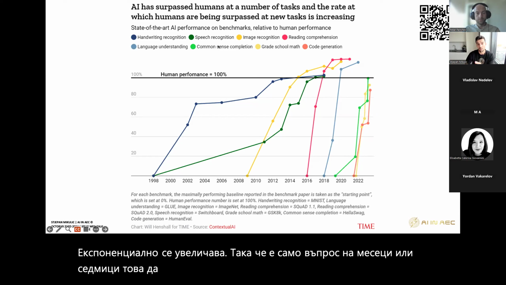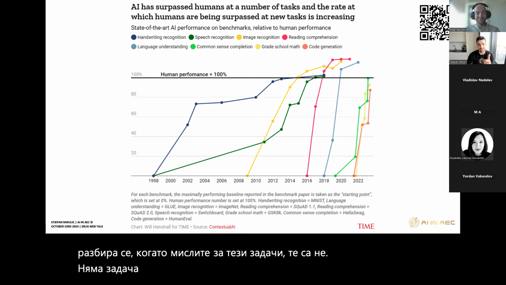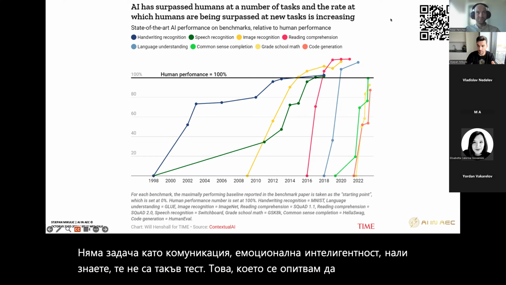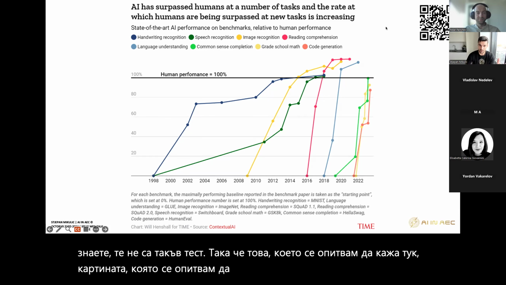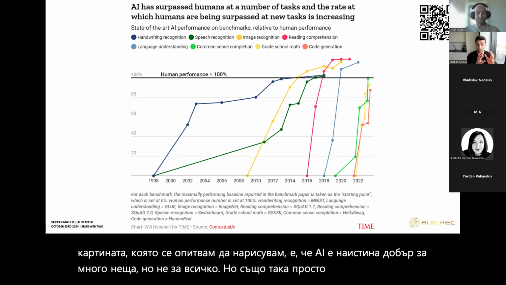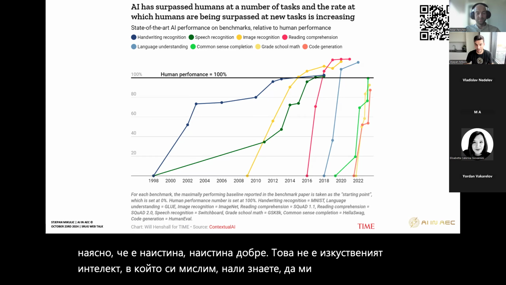And of course, when you think about these tasks, there are no tasks like communication or emotional intelligence. What I'm trying to say, and the picture I'm trying to paint, is that AI is really good for many things, but not for everything. But we also need to be aware that it's really, really good. It's not the AI that we think of as, write me a poem in Shakespeare style, who needs that?